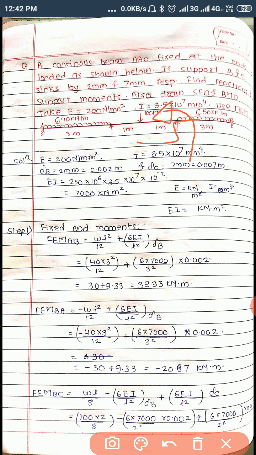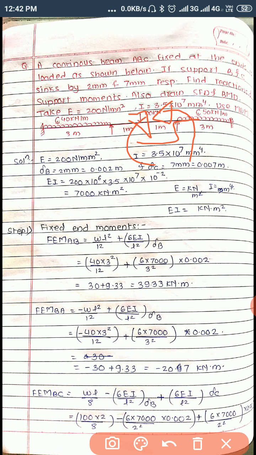This movement is in anti-clockwise direction. So to avoid this anti-clockwise movement, this support C has to develop a clockwise movement. The sinking movement is anti-clockwise; the resisting movement is clockwise.